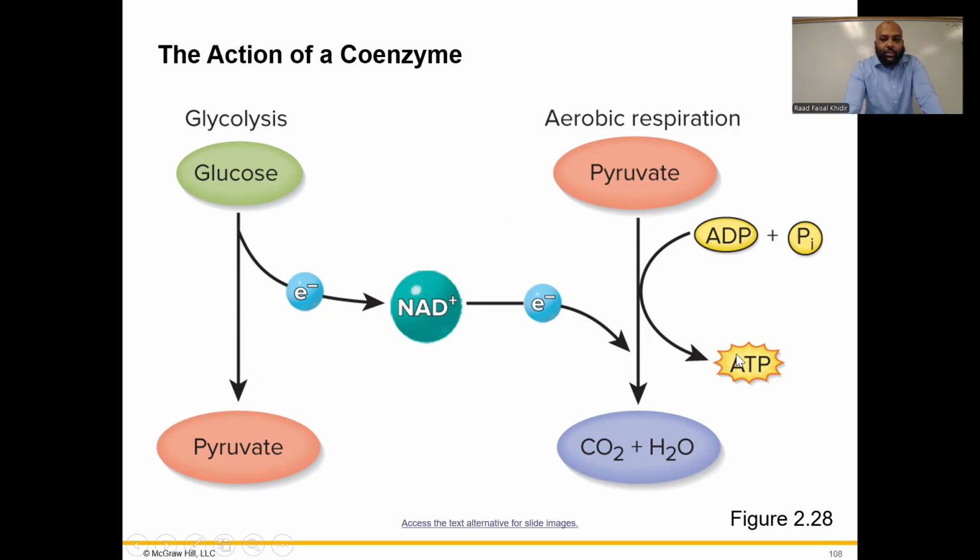And going from glucose to pyruvate liberates electrons that will be accepted by the NAD+. And then the NAD+ will take the electrons from glycolysis and hand them over to the aerobic respiration. So you see how it's working. It takes from one reaction, giving it to the other reaction.